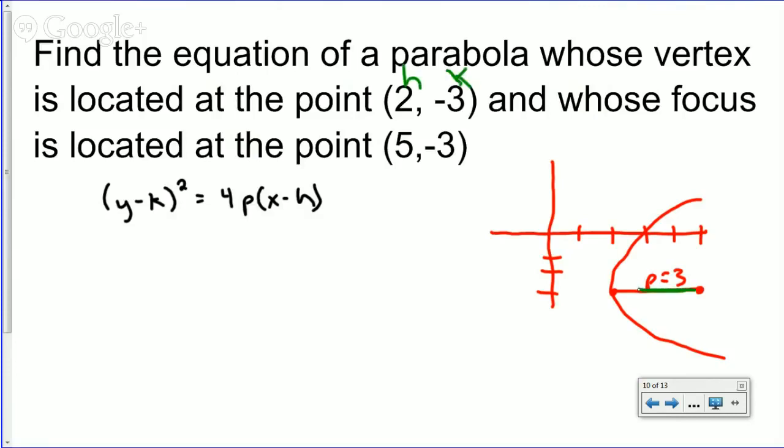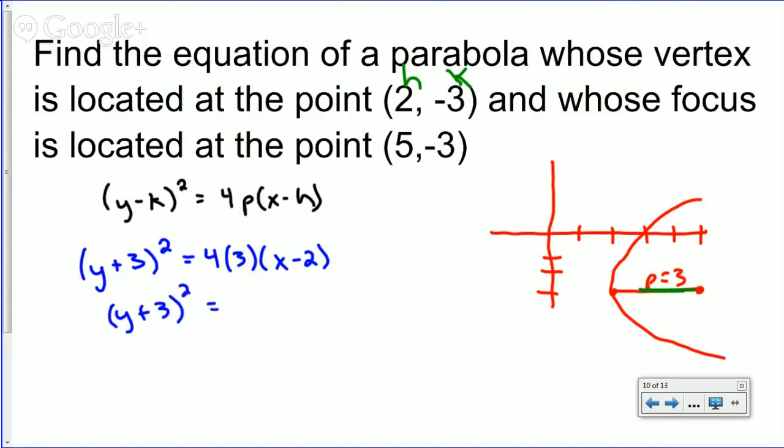And we figured out what p was, so then we'll just plug them in. So I've got y minus negative 3, so plus 3 squared equals 4 times 3 times x minus 2. So it's y plus 3 squared equals 12 times x minus 2.